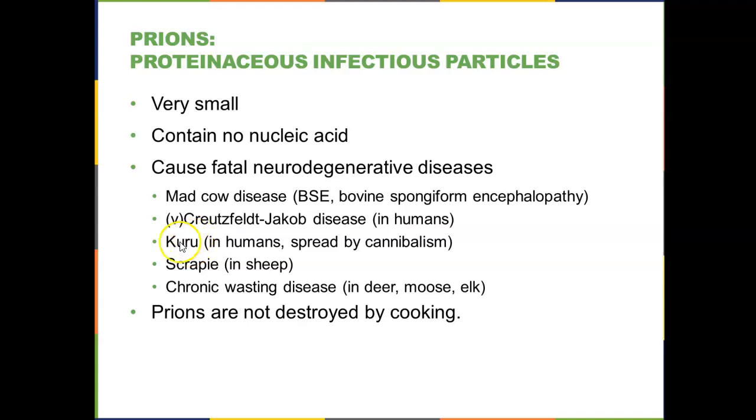Kuru, another version that is found in humans and transmitted from one human to another, classically by eating the tissues of another human being, and it's nervous tissue again. A variation of mad cow disease called scrapie occurs in sheep, and it's well understood that scrapie is the source of mad cow disease, and mad cow disease in turn is the source of Creutzfeldt-Jakob disease. So these three are all related to each other.